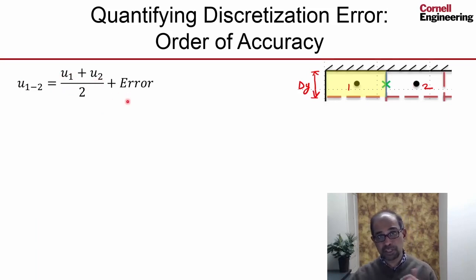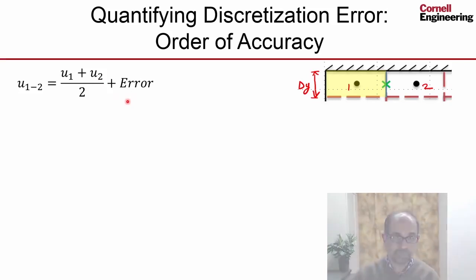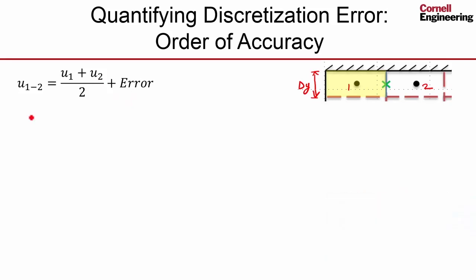And in the process, we introduced an error. And here, let's quantify that error. To do that, what I will do is write the value of u here in terms of a Taylor series expansion about the value at the face.